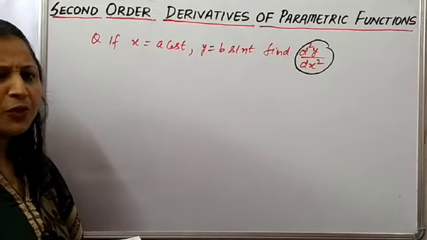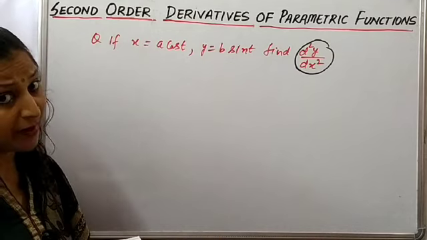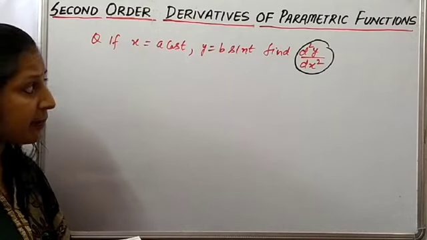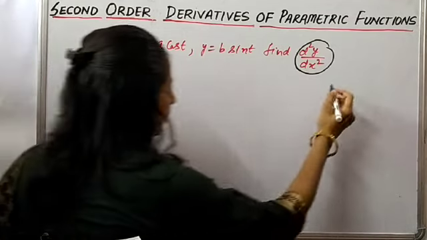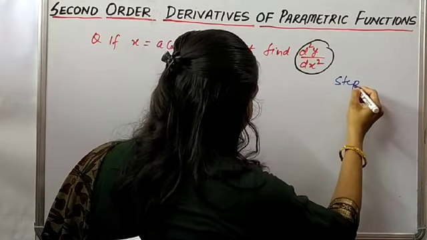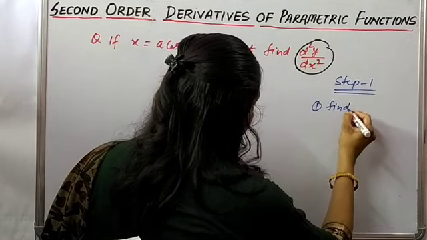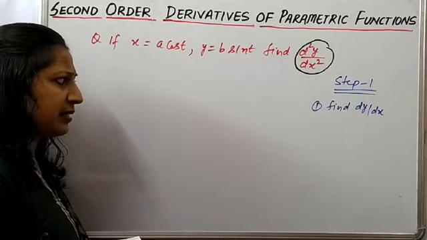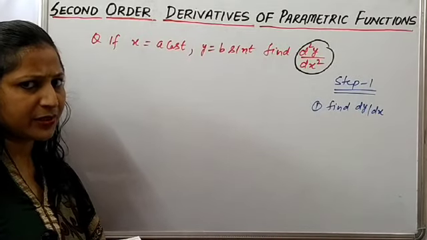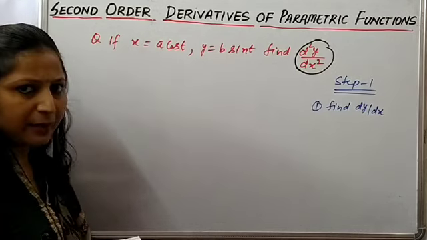So first of all, what to do? In order to find the second order derivative, first of all we will find the first order derivative, that is dy by dx. So we will do this question in two steps. Step 1: we will find dy by dx. I have discussed in our earlier lectures how we can find the first order derivative of parametric functions.